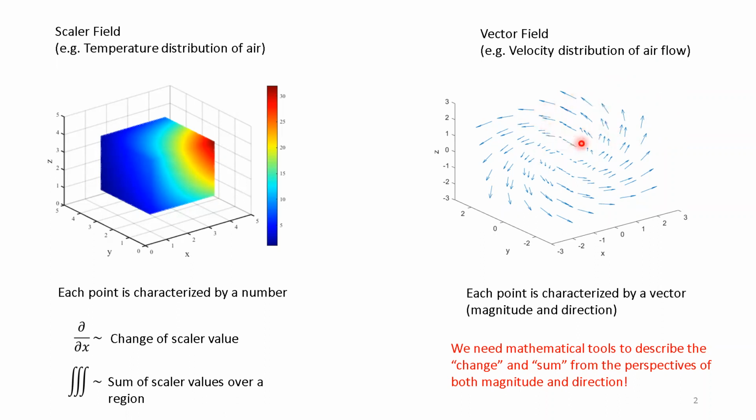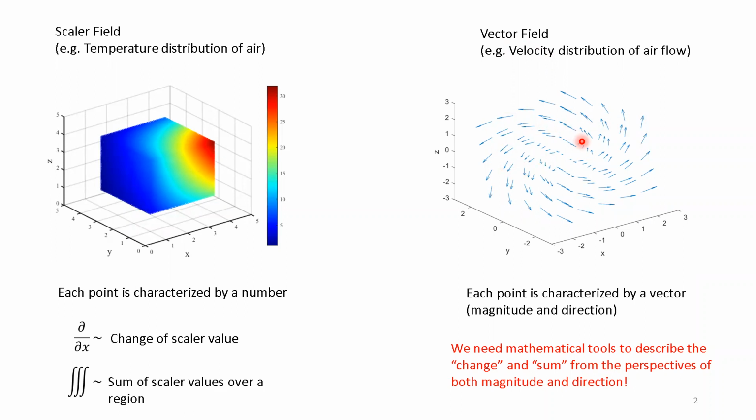If I want to describe the velocity distribution of the airflows at different parts of the room, we need a vector field. At each point you need to tell me not just the magnitude of the velocity, but also the direction.